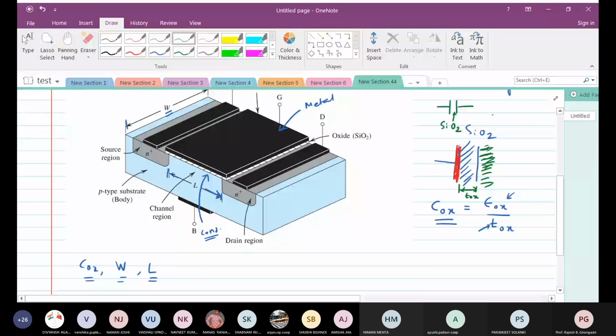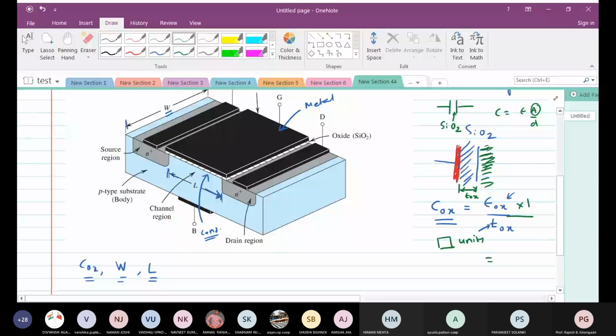Okay? Remember, capacitance is given as epsilon A by D. All right. Yes, sir. Okay. Now, where is this A now? Because we are talking about the unit. So we are talking about the unit, that is the cross section over here. The area is unity, so it goes off. So this is nothing but 1. Because we want to find out the capacitance of the oxide layer per unit area.